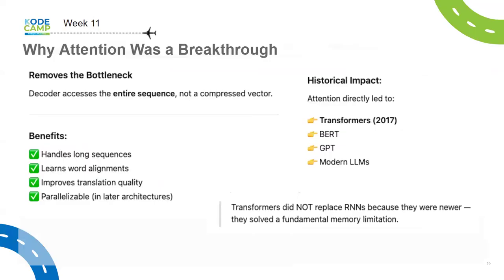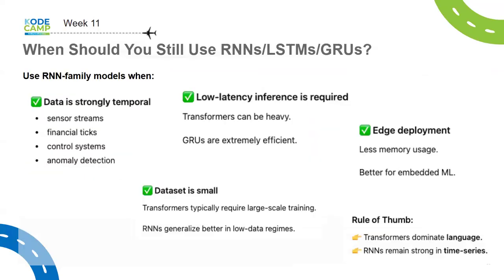Attention was a breakthrough that led to the transformers of today. Transformers are now the progenitors of the large language models that we use today. So we will study that architecture, and we'll actually do some of it.